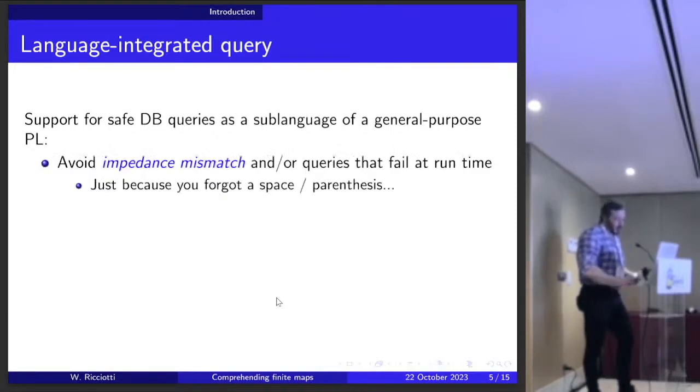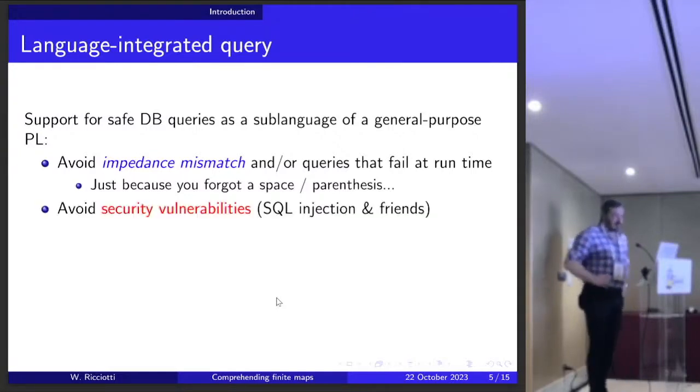The reason why we want it is that, for starters, it avoids the impedance mismatch, which is the difficulty of writing queries that are meant for a different language in a general purpose language. And also the fact that sometimes when we write queries by hand, they will fail at runtime even though they are statically incorrect. Also maybe because of a syntax error.